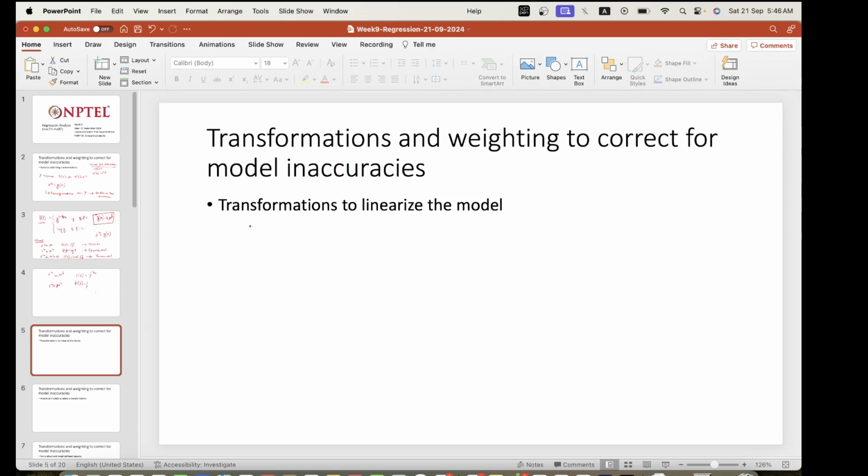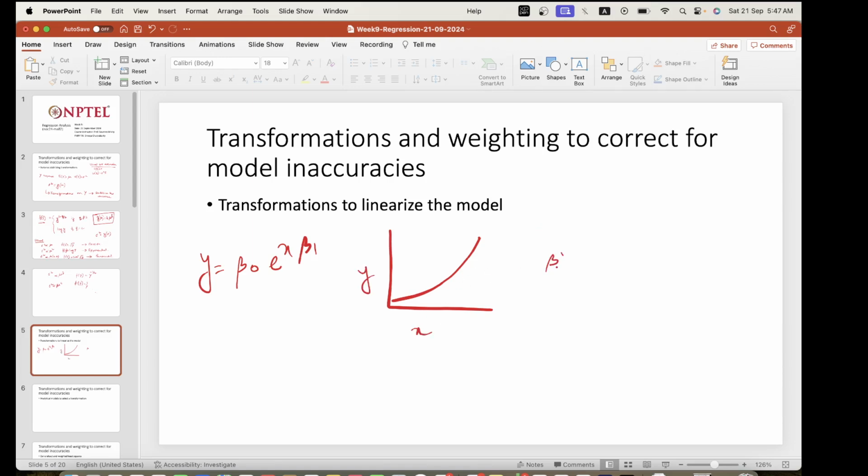We also learned about transformations to linearize the model. Let's say we have a situation where y equals beta naught e to the power x beta 1, and if beta 1 is positive, we have a graph of y versus x something like this.